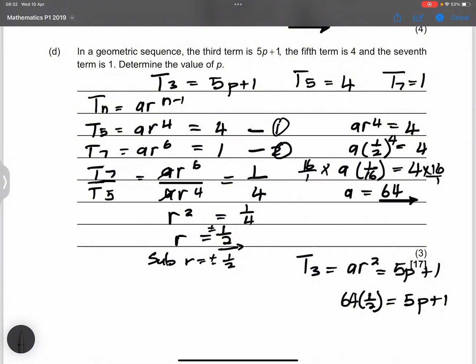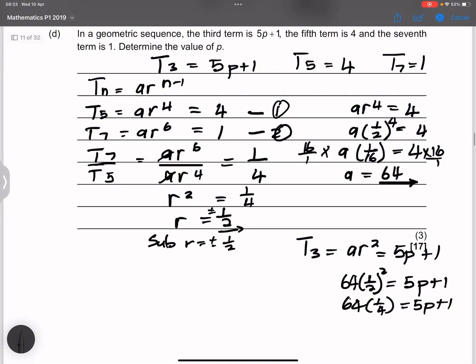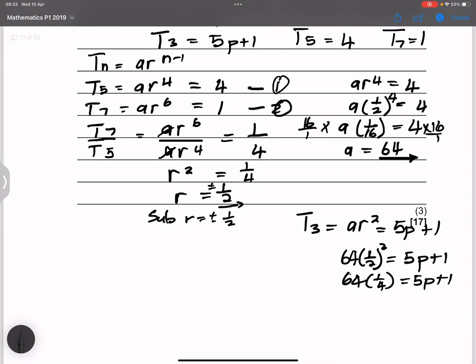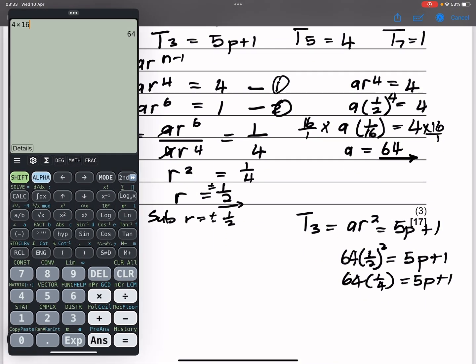So to get the value of p, we're going to say 64 times 1 over 2, that should be squared. So this is 64 times 1 over 4 is equal to 5p plus 1. And of course, to get to the answer, 64 divided by 4 will be 16, is equal to 5p plus 1.